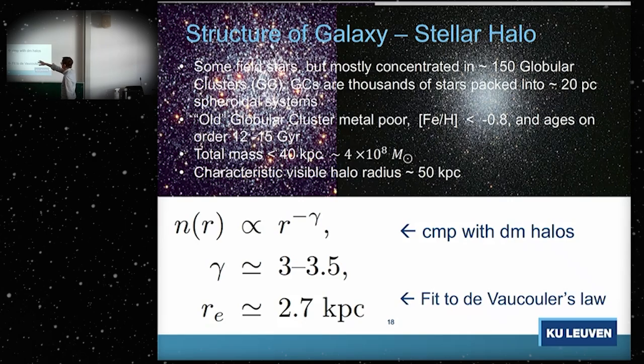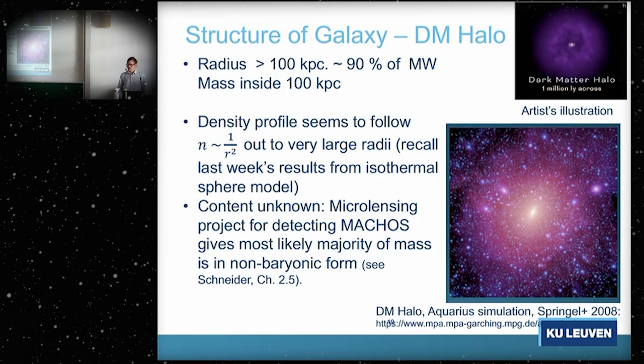Here now, this is for the stellar halo at large, the number of populations, and again, if you want to fit something, a de Vaucouleurs law here is again reasonable. Then the dark matter halo. We already alluded to the sizes here. Again, this is an artist's illustration, but this would be the size of the visible disk, and this is the dark matter halo.